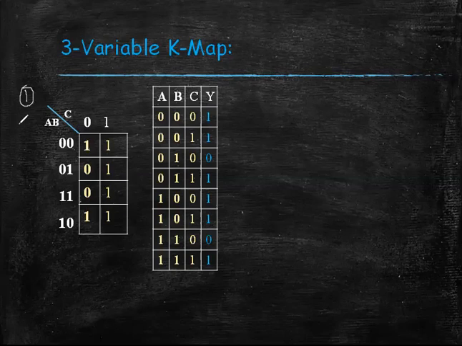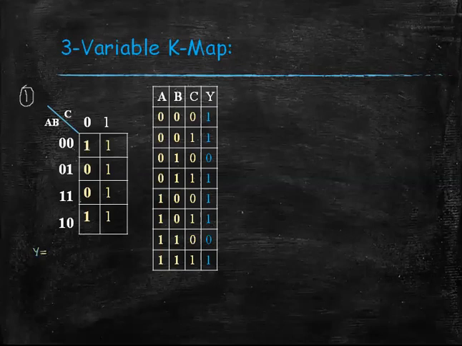You are given the K-map and the truth table.